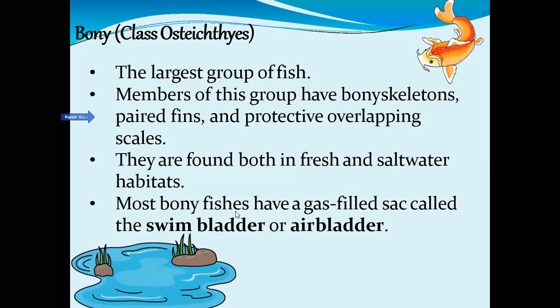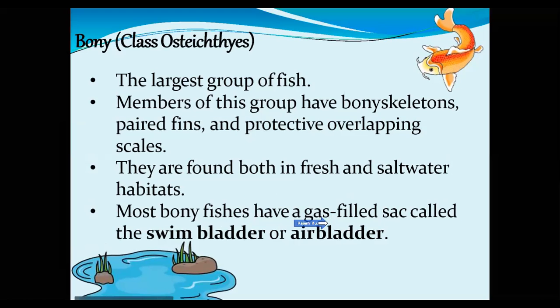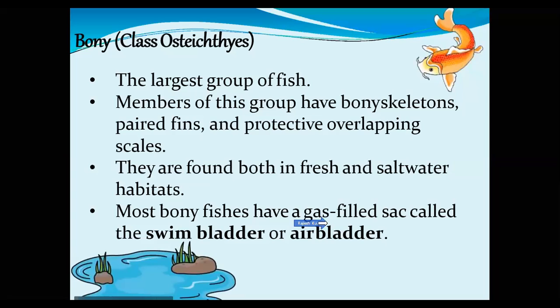Most of the bony fishes have a gas-filled sac. That gas-filled sac helps to make the body lighter. Due to gas, the body becomes lighter, and it helps the fish swim easily in water.